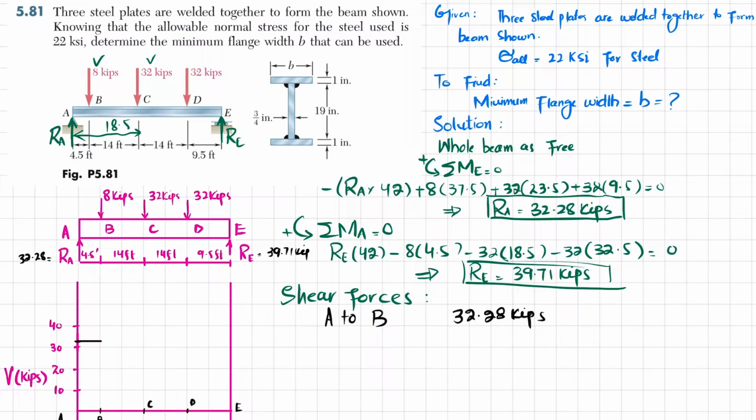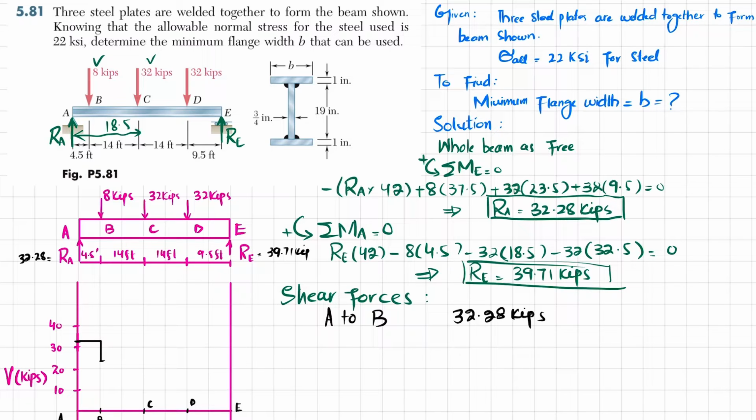Now you can see that at point B we have a load of 8 kips, and that is downward, minus 8. So you have to subtract, the load will change at point B. So 32 minus 8 will be equal to 24.28. Again 24.28 will be somewhat here. Clear? So the load will change from B like this.